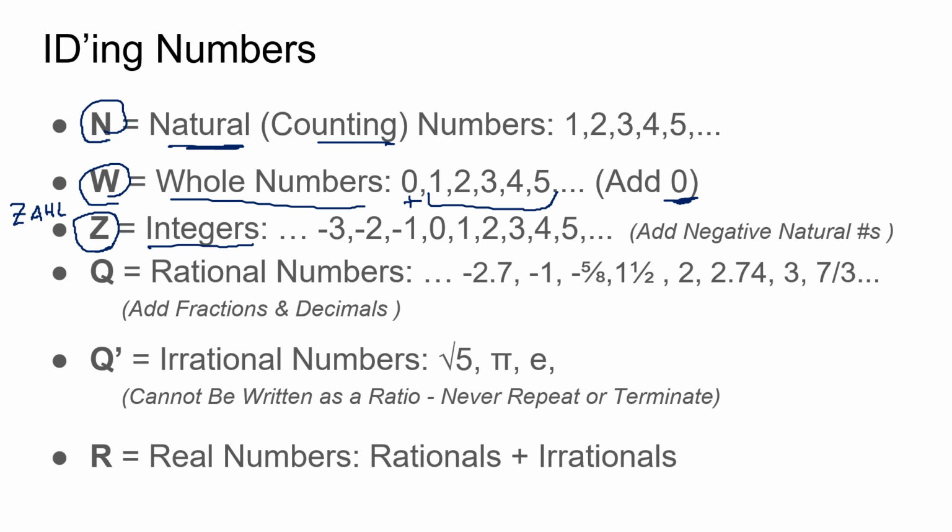The rational numbers are anything that can be expressed as a ratio or a fraction. So if I have the number 4, I could write that as 8/2 or 4 over 1, or lots of different ways, but it's a fraction, it's a ratio, so that's a rational number. 5/8 or -5/8 or 2.74, that could be 2 and 74/100ths, right?